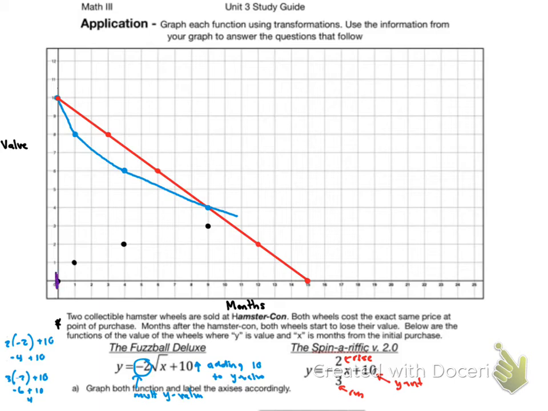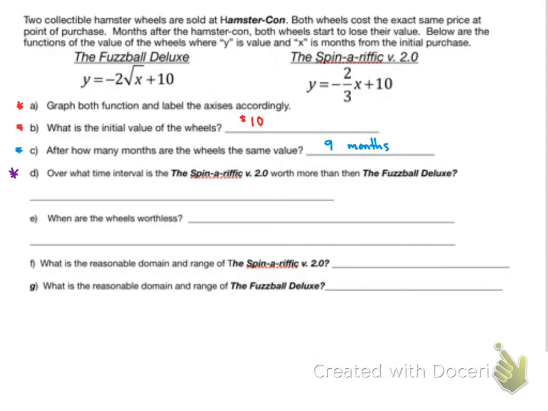Okay, so if I redo that, we're looking at this interval here. Remember that it applies to the x. So we can't state that it's equal to, because they have the same value there. It's not worth more. So from 0 to 9, right? This is 9, this is 0. We're looking at spinorific being worth more.